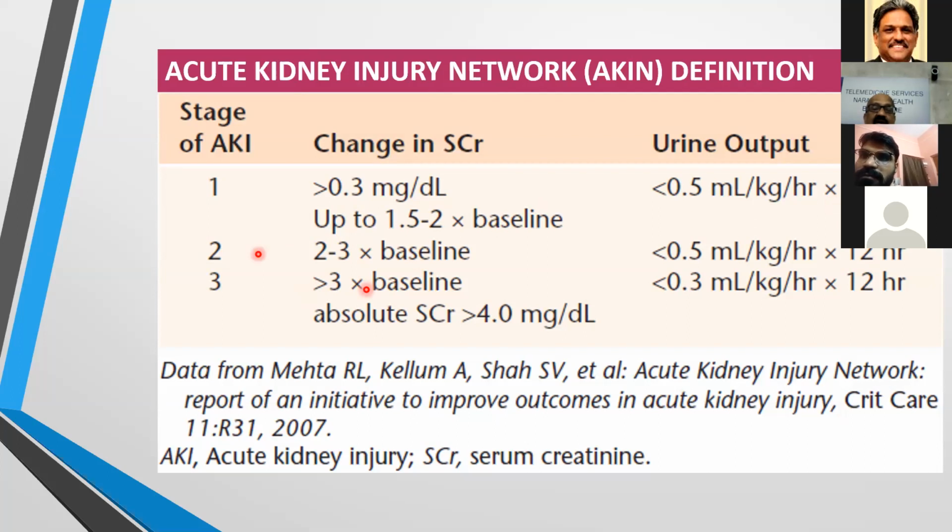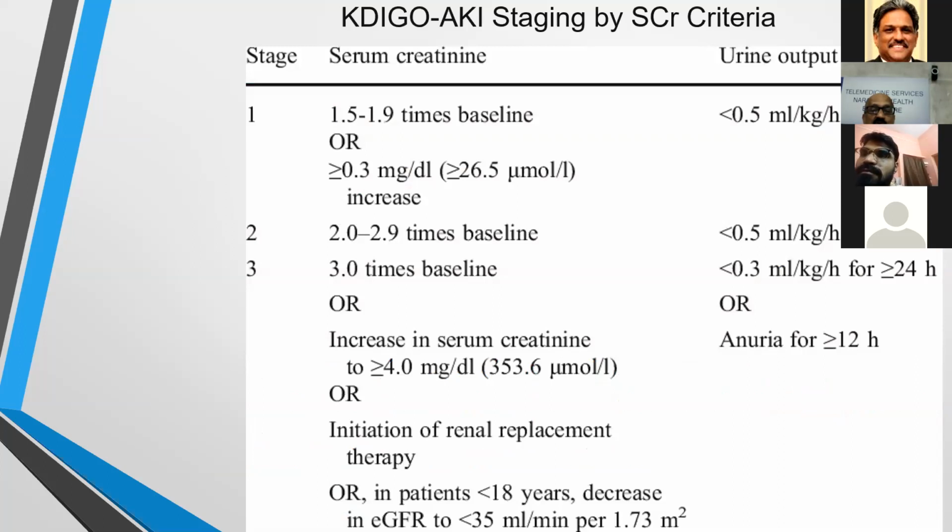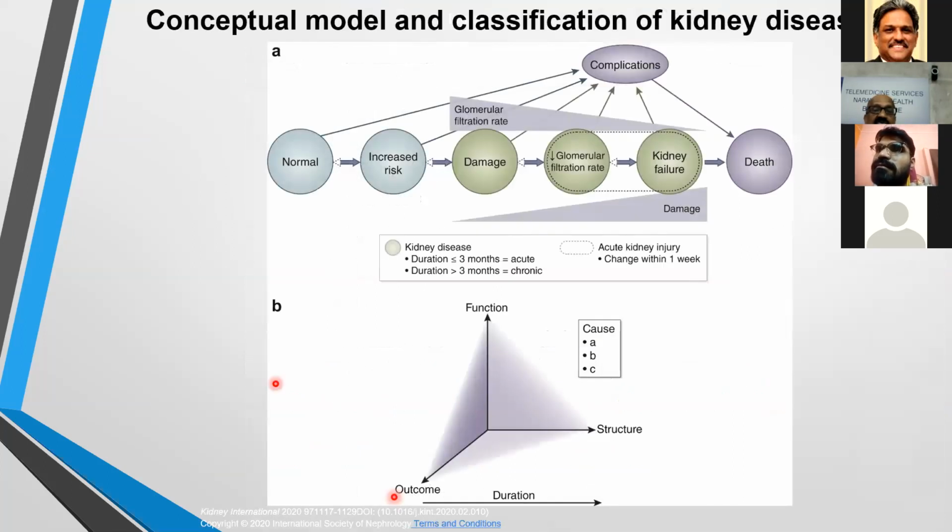Here, urine output less than 3 ml per kg per hour for more than 12 hours constitutes stage 3 of acute kidney injury. The same thing is shown here, where they have integrated KDOQI criteria to show the acute kidney injury. This is the conceptual model of classification of kidney disease, recently published in 2020.